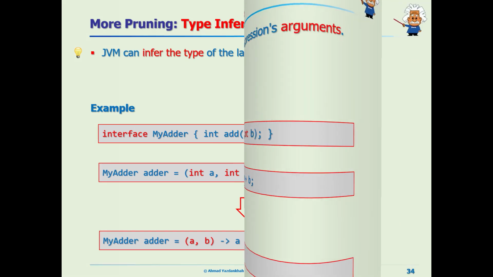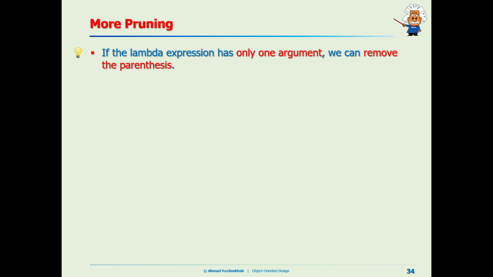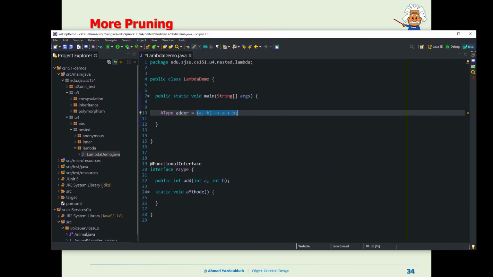Okay, we still have more pruning. We can prune more. If we have only one argument, then we can even remove the parentheses as well. Here we had two arguments, right?